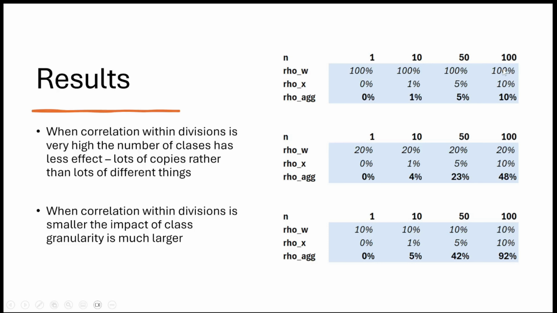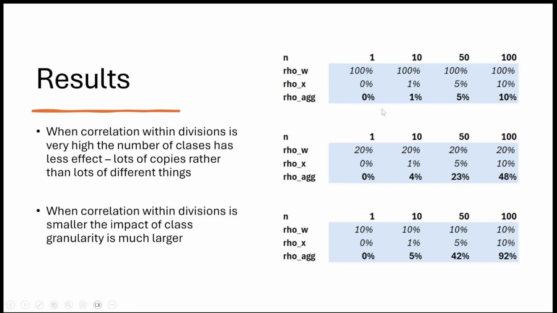So in this limiting case where it's 100%, we've really got effectively one free class per division. And so the correlation between classes across divisions is the same as the correlation between the divisions themselves, because it essentially just collapses to one thing.